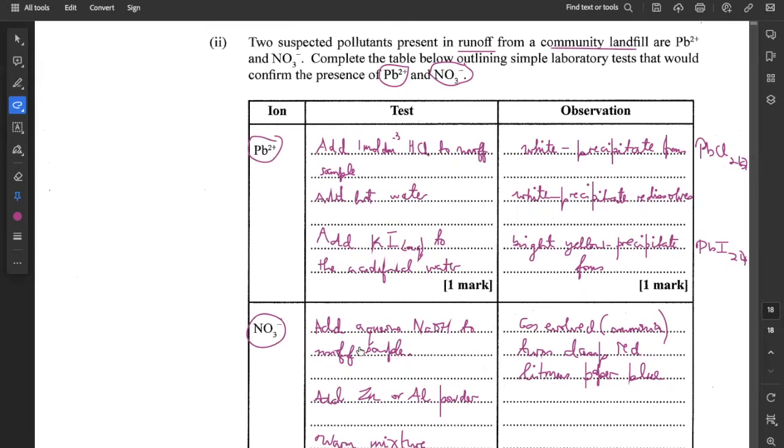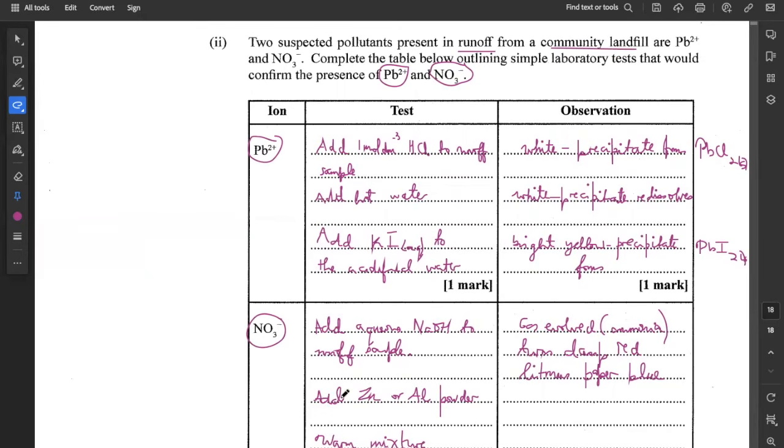Of course, you know that there are other tests as well that you could use. This is one of them. And if you wrote any of the other ones and wrote down the expected observations, that should be good as well, okay? There are several tests for nitrate, and this is just one of them that I listed.